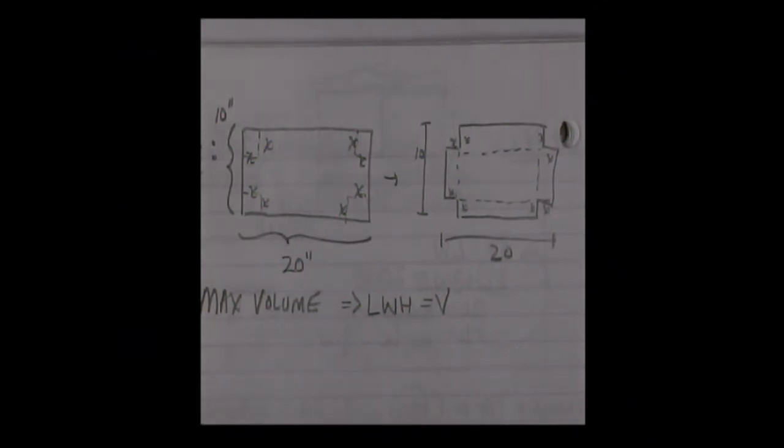Now, in order to get the length, the width, and the height, hopefully you realize this dotted rectangle I drew is the length and the width. If I can figure out how long those dotted sides are, that gives me the length and the width. So let's check. If the 20 direction is the length direction, how big is that dotted length? 20 minus 2x.